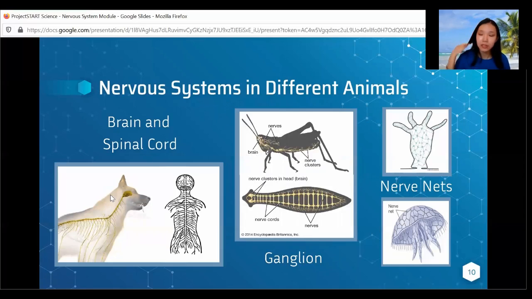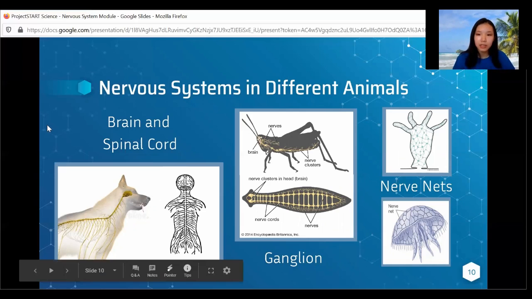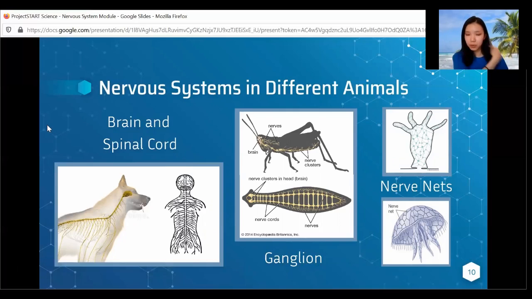So nervous systems in different animals. In most vertebrates, like dogs or us humans, we have a brain and a spinal cord. And our neurons are mainly concentrated in the brain and down our spinal cords.